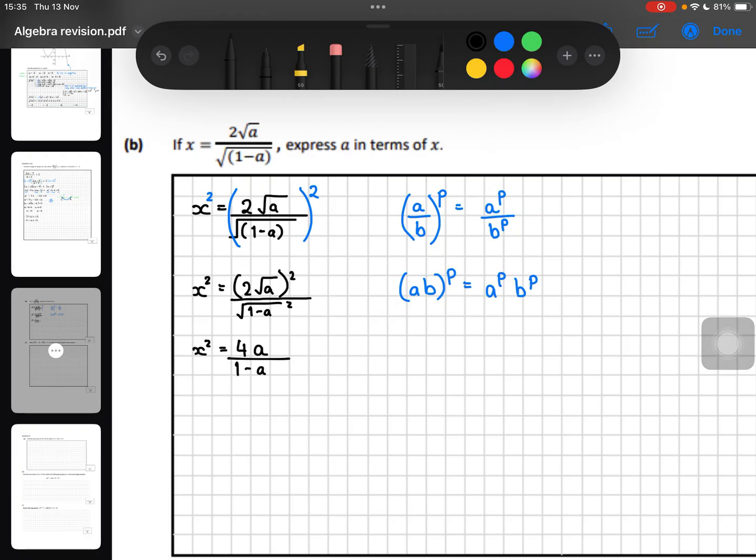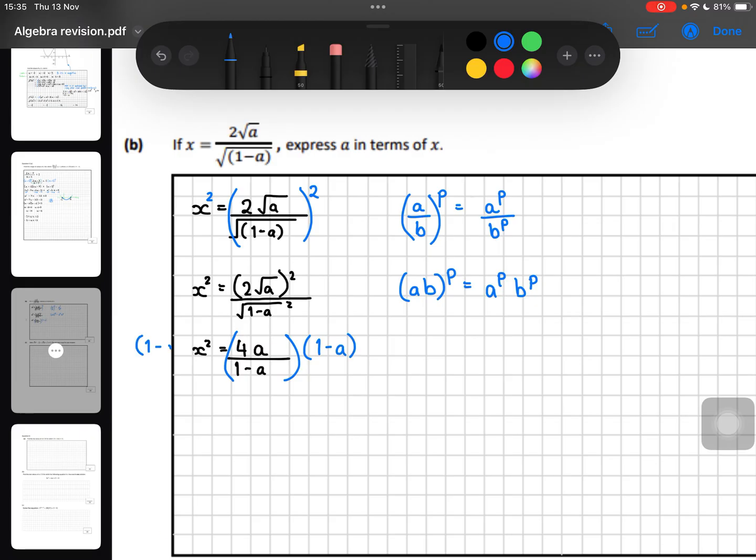Now I've gotten rid of all of my square roots, and I just need to get a on a side by itself. So I'm going to start trying to do that. The next most confusing thing is probably that there's a fraction. So how would I get rid of the fraction? Well, I would multiply across by what is dividing, so my 1 minus a.